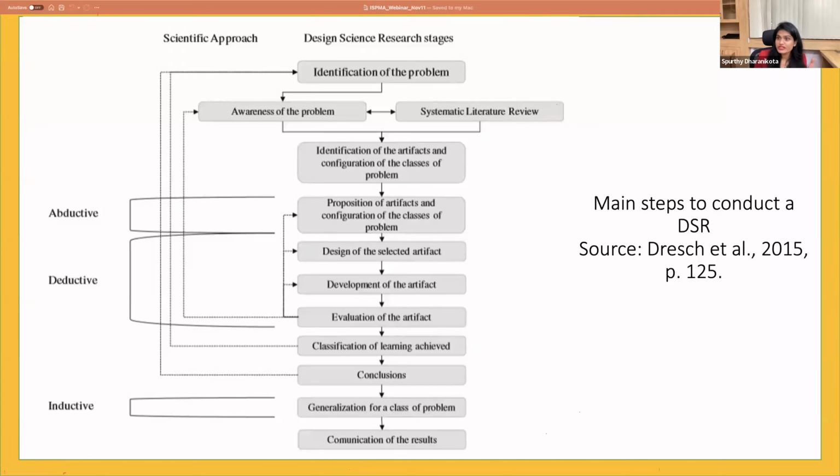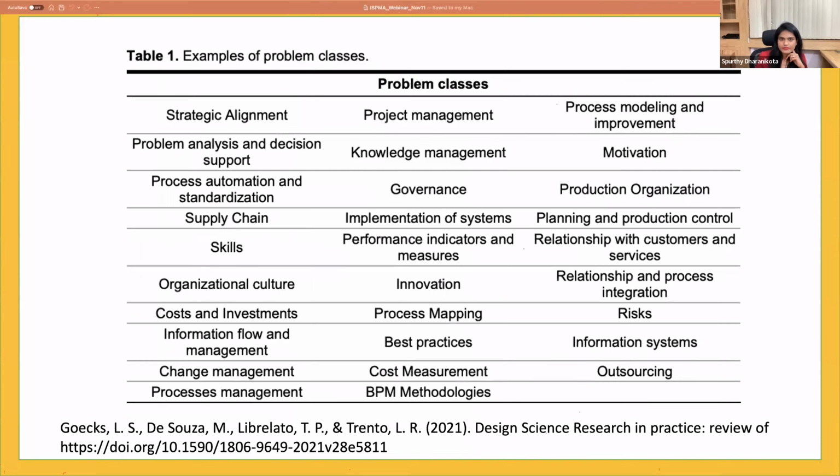And if your research is actually generalizable, or if your artifact can be used to solve similar problems, then it becomes a theory, right? That's when it gains the maximum credibility and becomes a theory. And that's the ultimate goal for any researcher, to contribute to the knowledge base, correct? So this is the DSR approach steps.